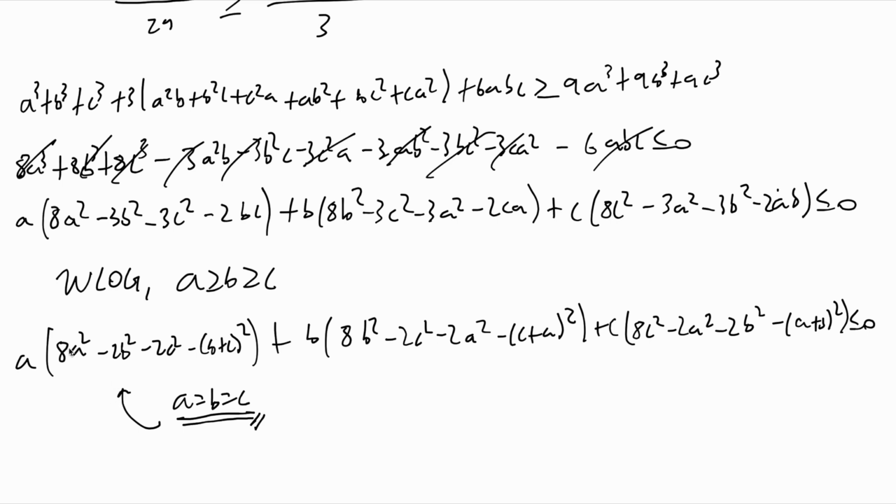Because without loss of generality, we said a is greater than or equal to b, which is greater than or equal to c. Wait, now let's examine this case more carefully.